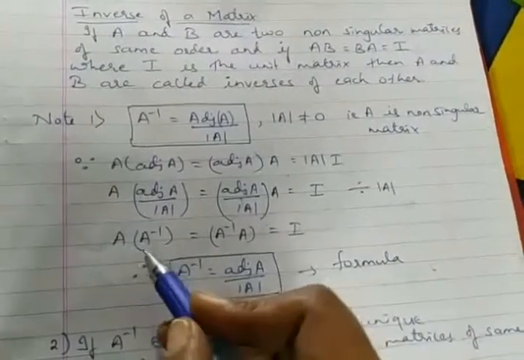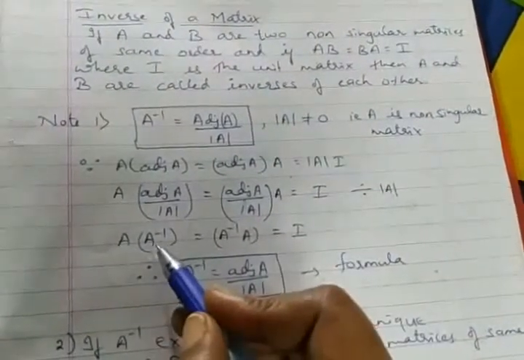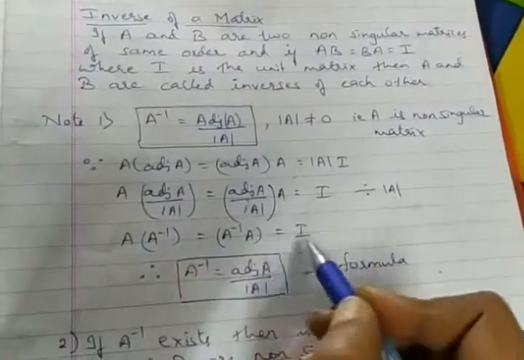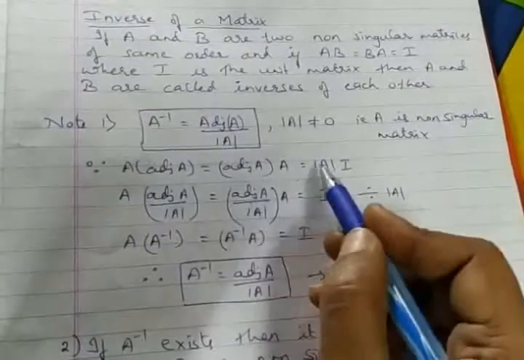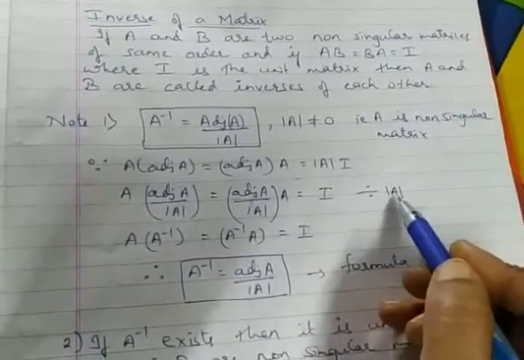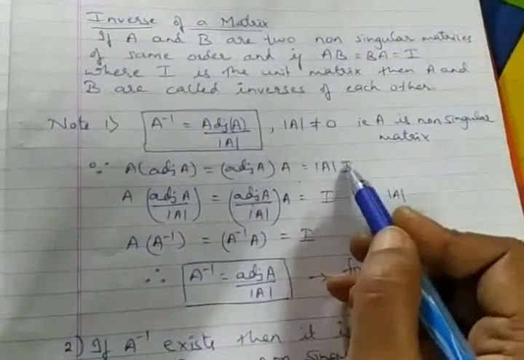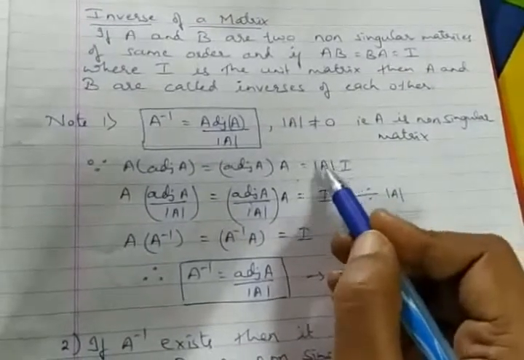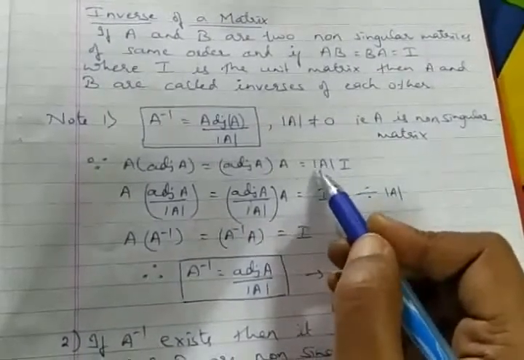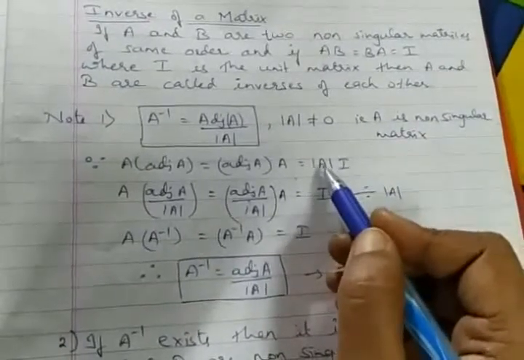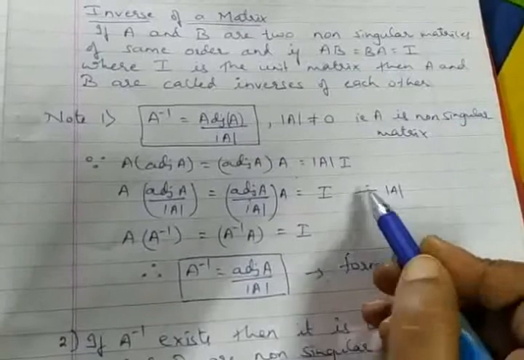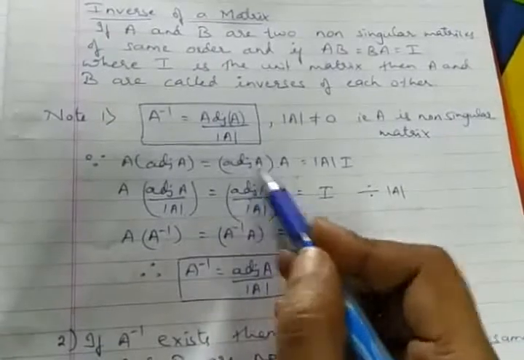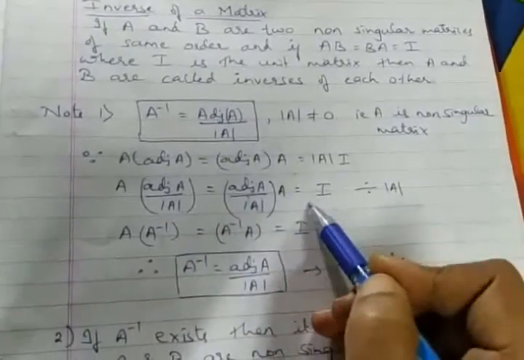I am trying to go for A inverse A, which is always I. To fulfill this requirement, this result is divided throughout by the determinant value of A, so that in the RHS I retain I. The determinant is a constant value, some value like 3 or minus 1 by 3, and that value can divide the equation throughout. So once I divide, I find A into adjoint of A divided by the determinant value is equal to I, kept as it is.